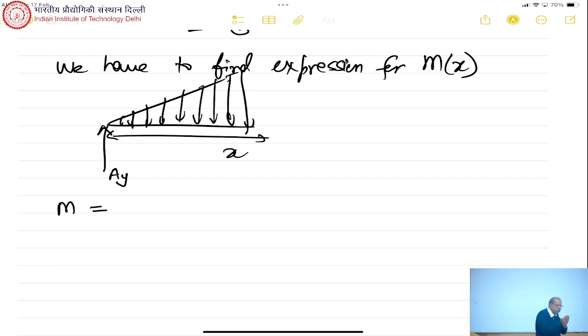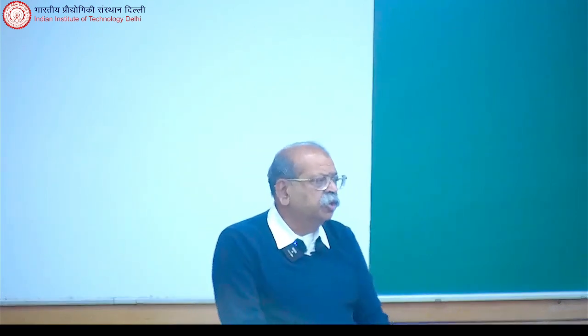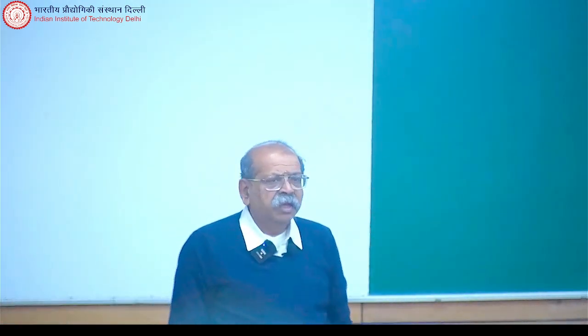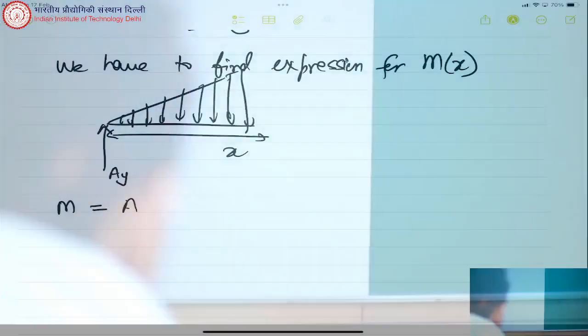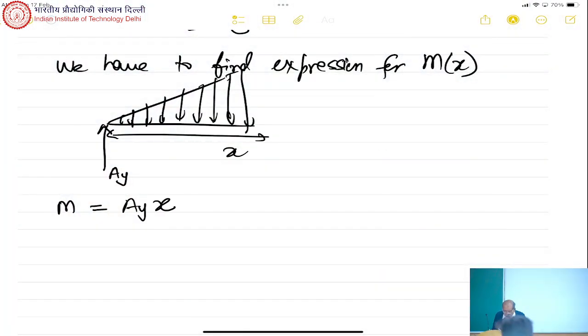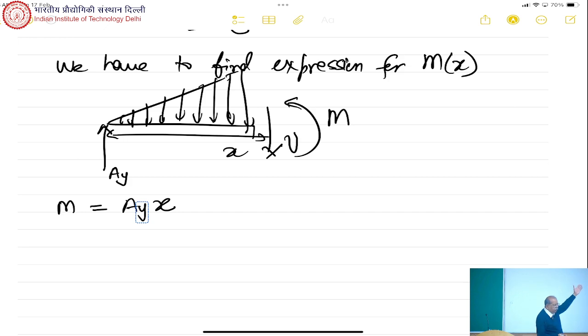Let's do things in a very simple, straightforward way. First, let's write the contribution due to AY. What will be the moment at this cut section due to AY? AY times x. Basically there is a V and there is an M. We don't need V, so I'm not writing the expression for V. So moment is equal to AY times x.